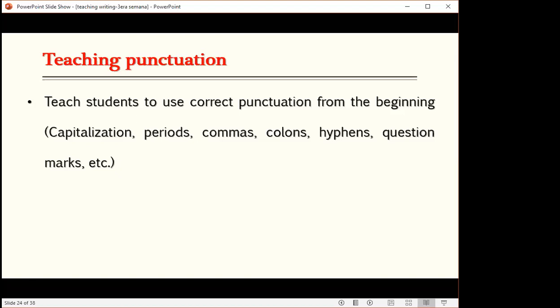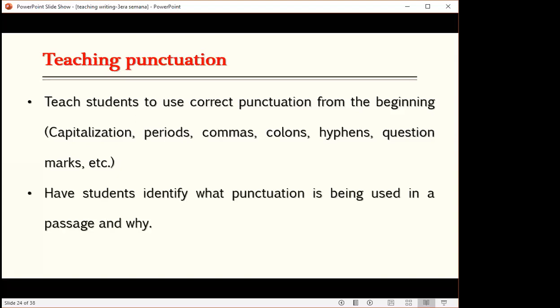And some of the students forget, and they wrote the marks on both sides, at the beginning and at the end. But remember that we use exclamation or question marks just at the end. Have students identify what punctuation is being used in a passage and why? This is so important.